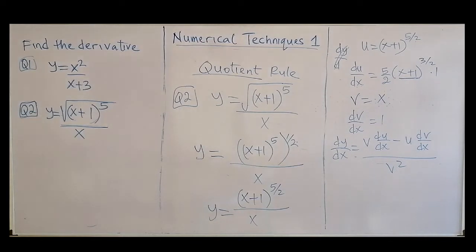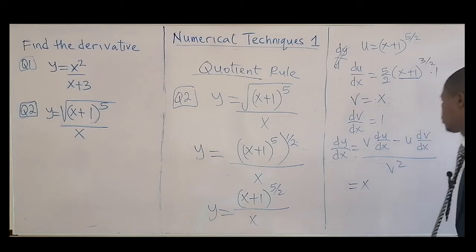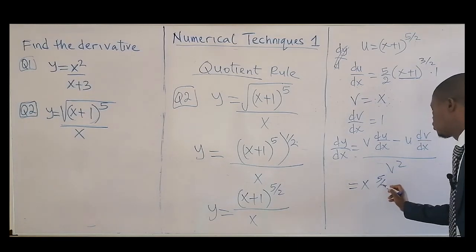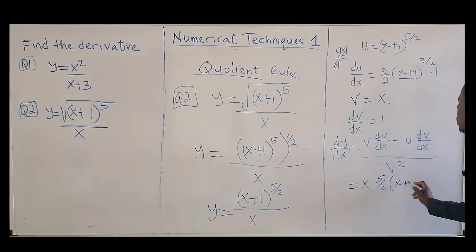Make the substitution: v is x, du/dx is 5 over 2 times x plus 1 to the power 3 over 2, minus my u, which is x plus 1 to the power 5 over 2, times dv/dx, which is just 1, all over v squared, x squared.